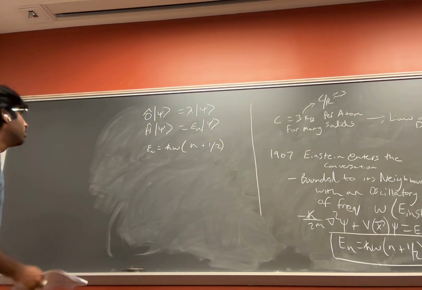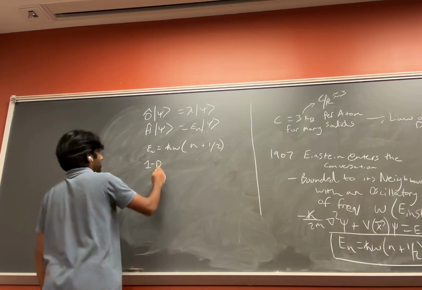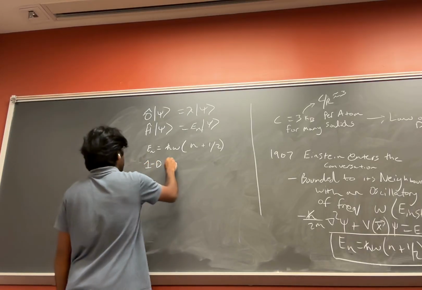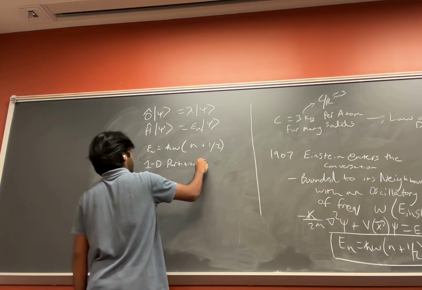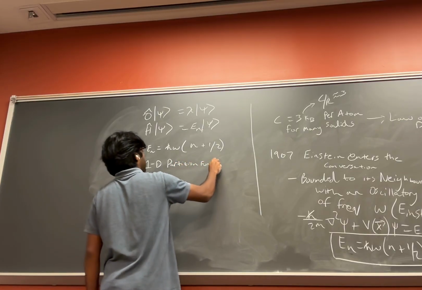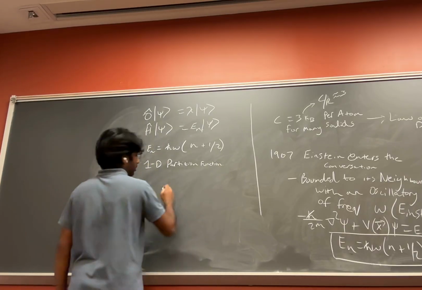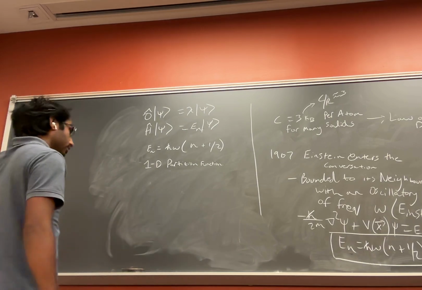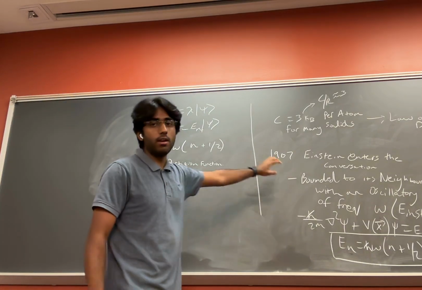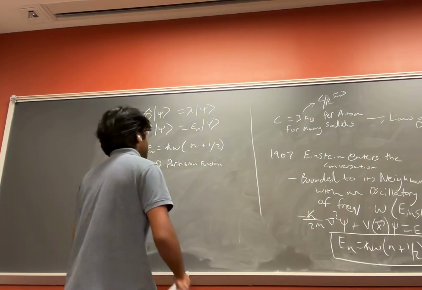We know that the one-dimensional partition function from statistical mechanics is the sum of the Boltzmann factors for each of the microstates, and we have one microstate per energy eigenstate.